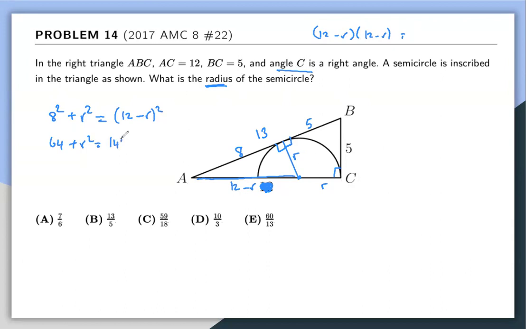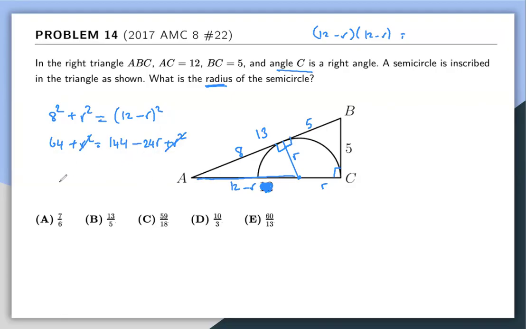So I'm going to use the square of a binomial: the square of the first term, minus twice the product of these two terms, which is minus 24r, plus the square of the second term. I'm going to leave something about the square of a binomial as well, if you need more practice with that.